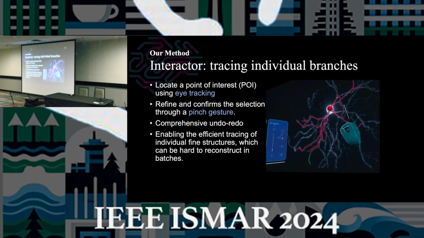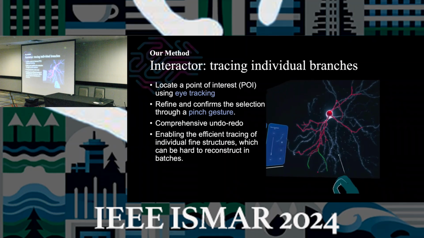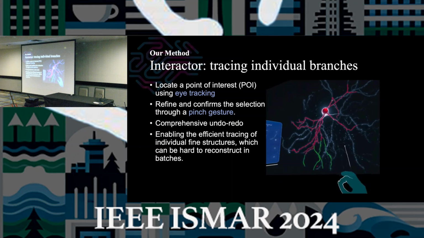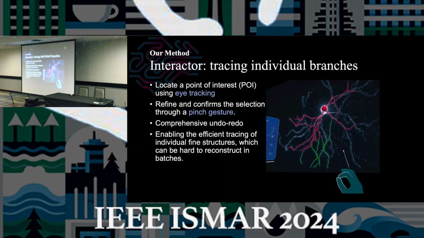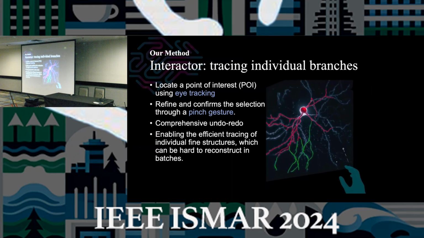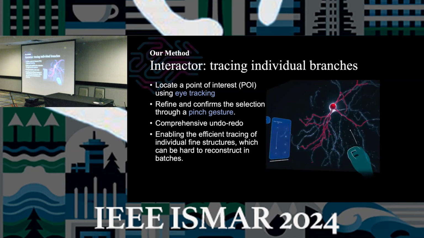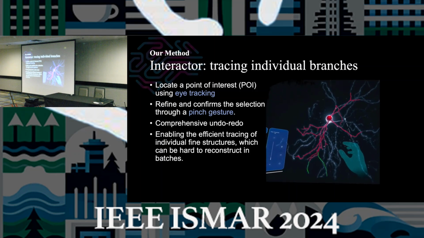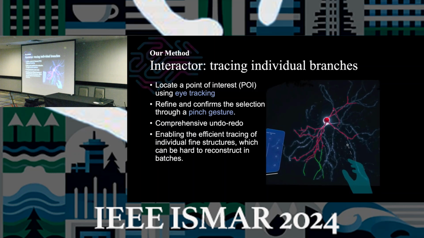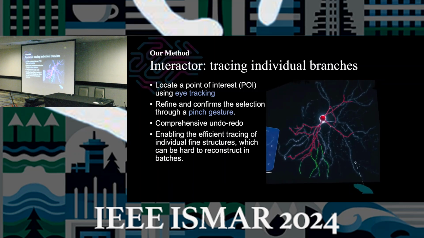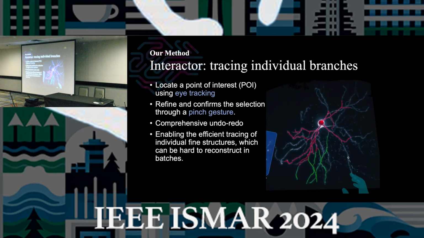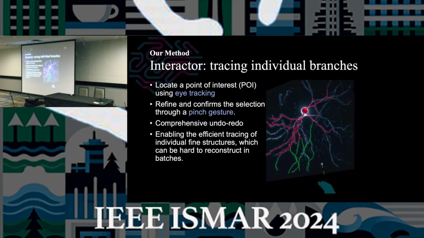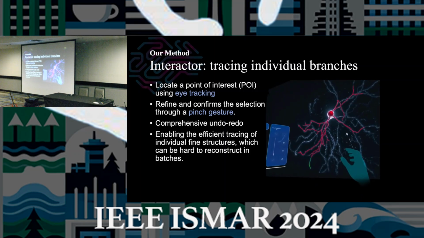In addition to eye sweeping, the pinch gesture is also used to refine points of interest. Users first use eye tracking to quickly locate the POI, but sometimes the initial location may be slightly off. With the pinch gesture, users can adjust the position of the POI to align it more accurately with the neuron structure.